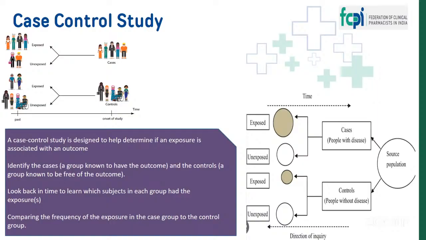Random ones we cannot compare with the case. Whereas in a cohort study, we randomly choose the subjects, randomly divide and compare. In a case control study, there is selection of the cases, selection of the controls, then matching of the case and the control.